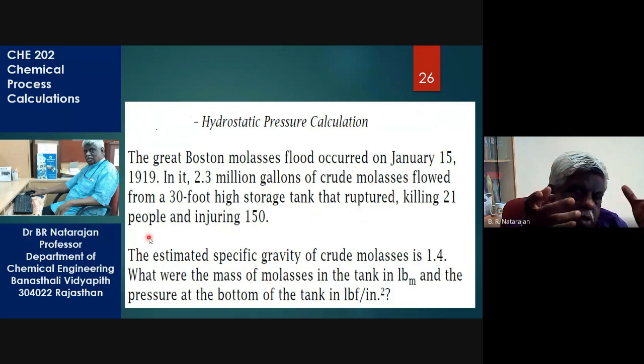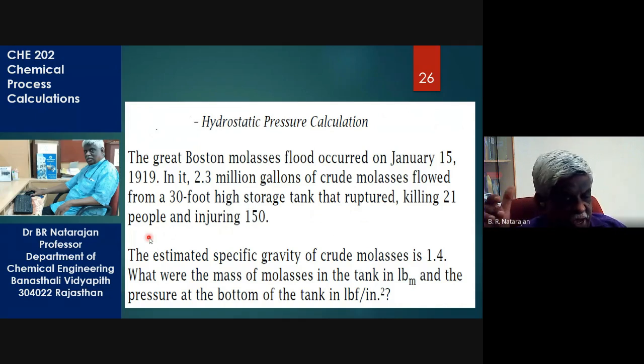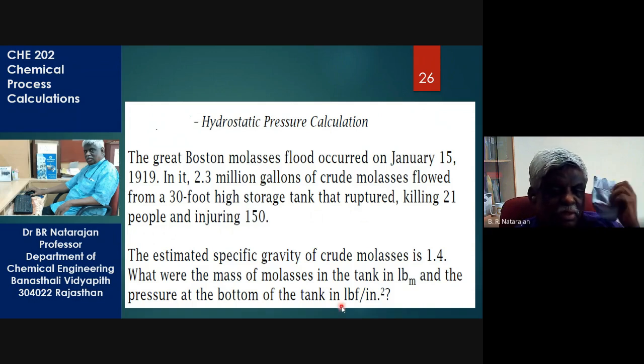The tank broke and all the molasses flooded like a deluge. Now the specific gravity of crude molasses is 1.4. What was the mass of molasses in the tank, in pound mass, and the pressure at the bottom in pound force per inch square?